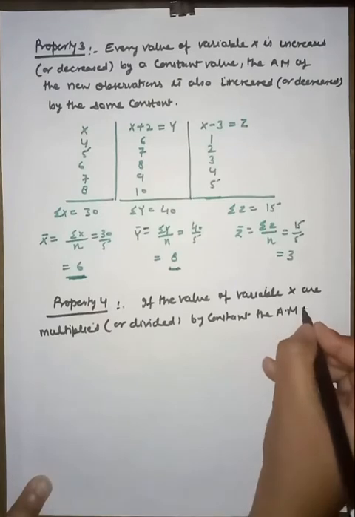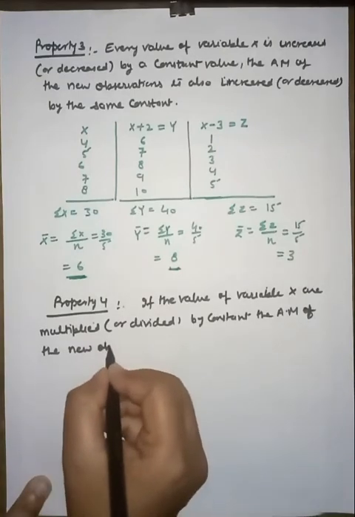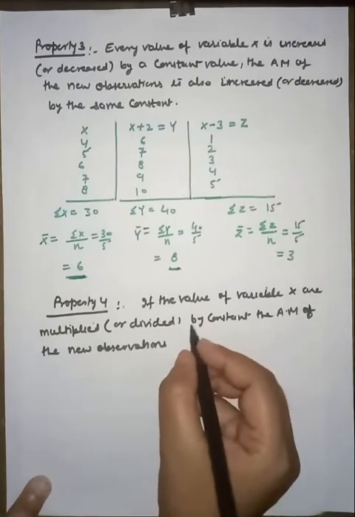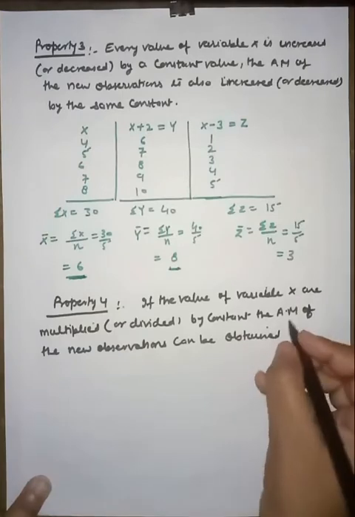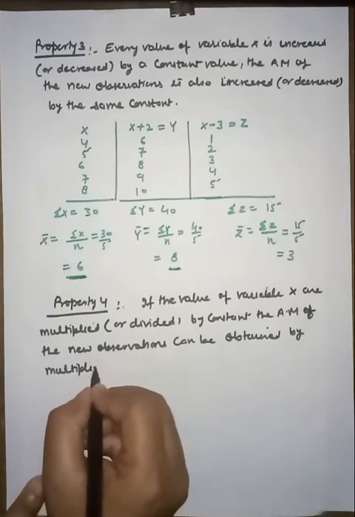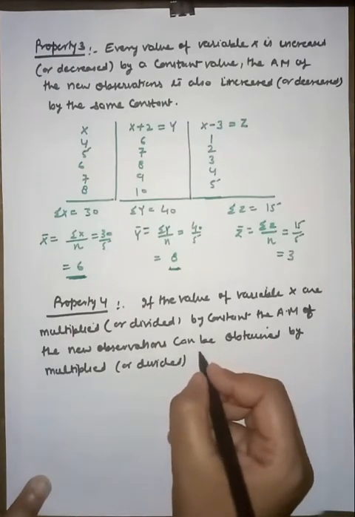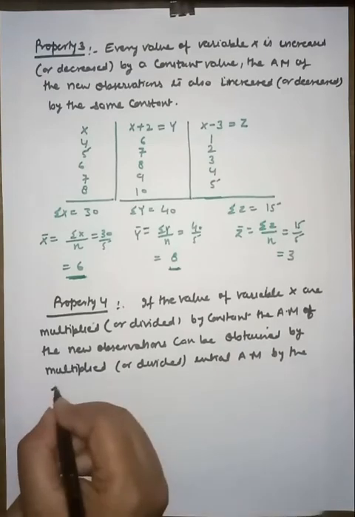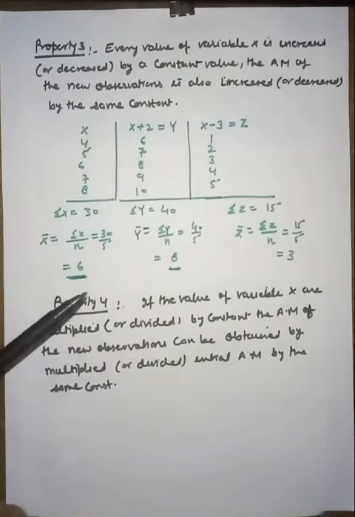The arithmetic mean of the new observations can be obtained by multiplying or dividing the initial arithmetic mean by the same constant, right?